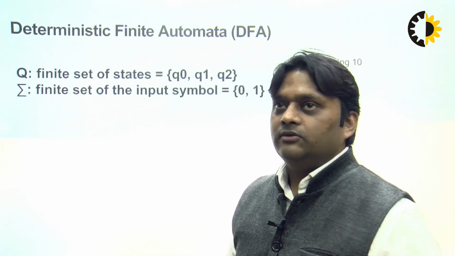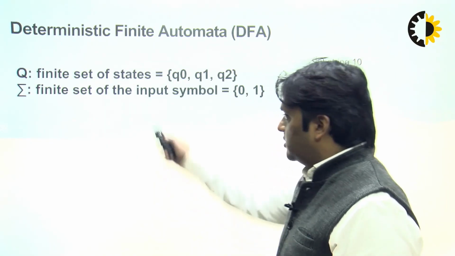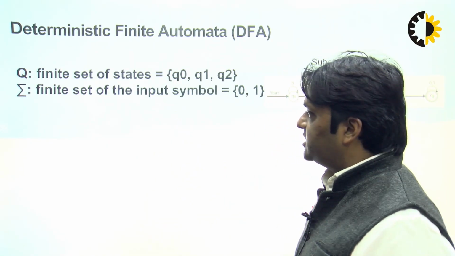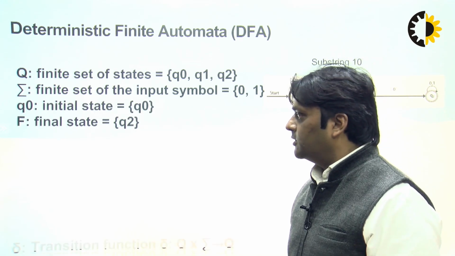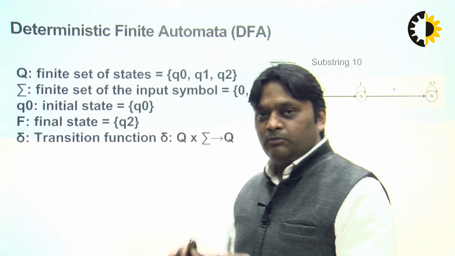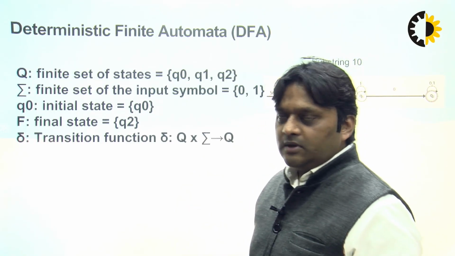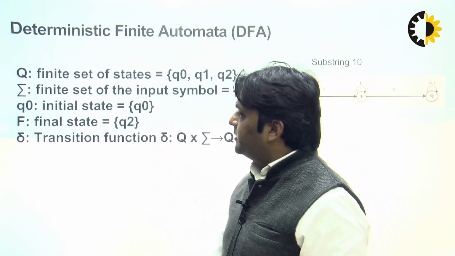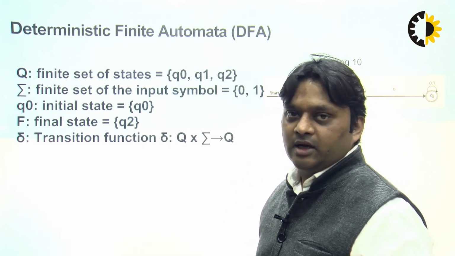In this, 5 tuples are used to describe the DFA: Q, sigma, Q naught, F and delta. Capital Q represents the set of states used in the DFA, and sigma represents the finite set of input symbols used to design a DFA.